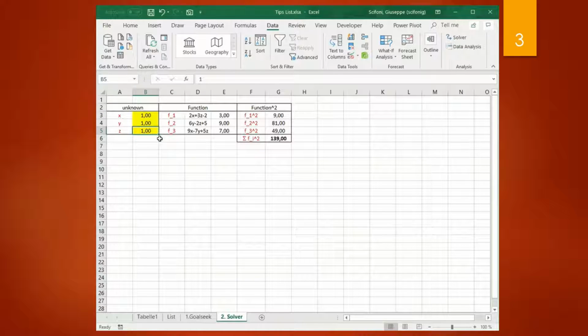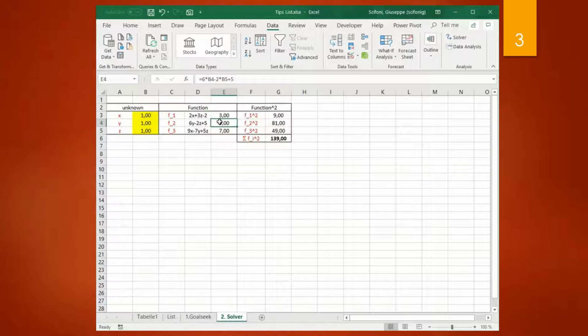And then we build the functions f1, f2, f3 as described in the presentation. So for every function we write the corresponding value as an Excel formula. For f1, 2 times x plus 3 times z minus 2.